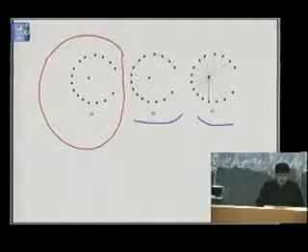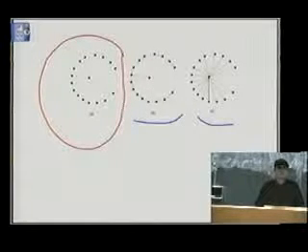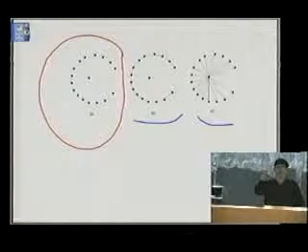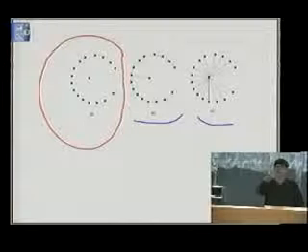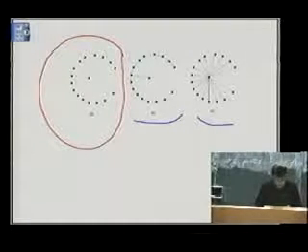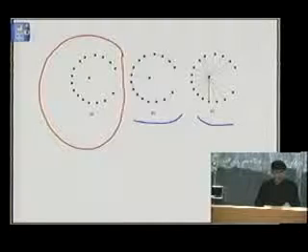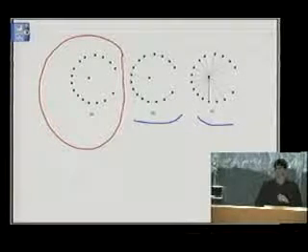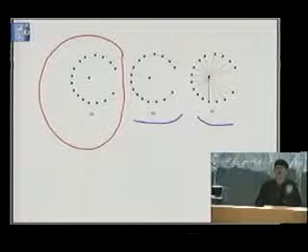Which one of these looks like the minimum spanning tree? B or C? How many people say B? How many people say C? Okay, no one anymore. So yes, B looks to me like the one that has smaller edge weights. Does everybody see that? Smaller edge weights means shorter edges, right?